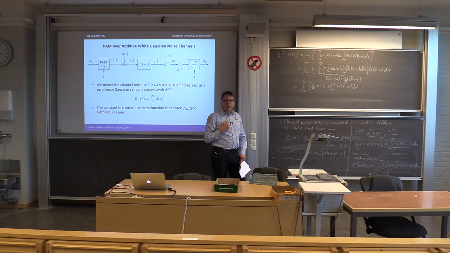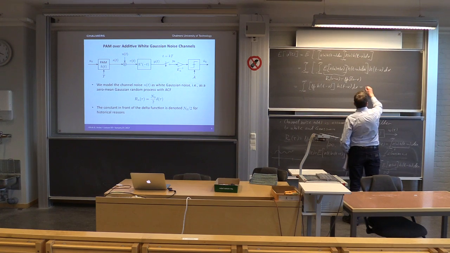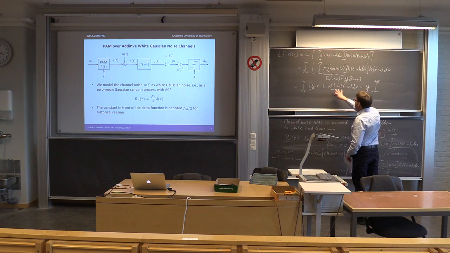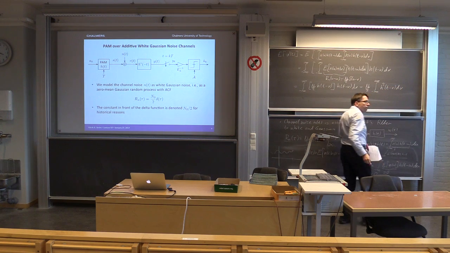Okay, so no more delta functions, so here we actually need to perform this integration. So we simplify this a little bit and write this as N naught over 2 times the integral from minus infinity to infinity, and here we have h squared(t minus v) dv.